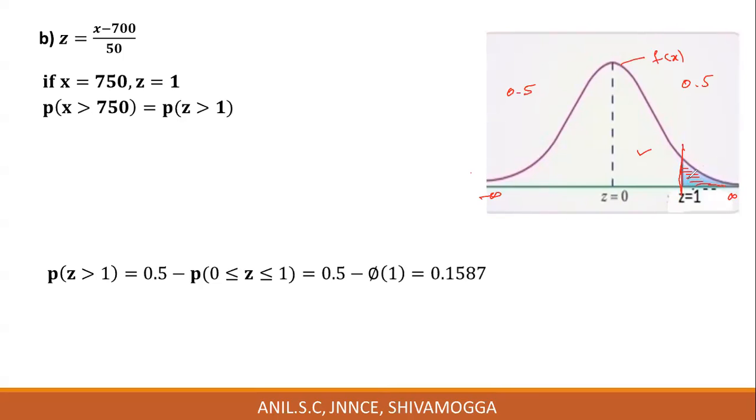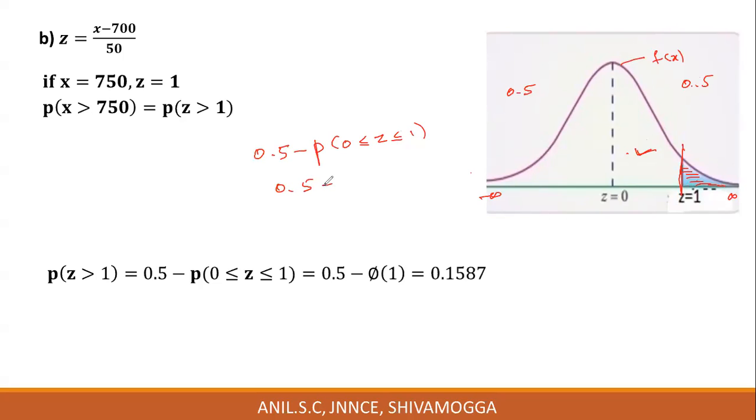How do you find this shaded area? This entire area on the right side is 0.5, and from this area, if you eliminate this unshaded area, you get this shaded area. This unshaded area is from 0 to 1, 0 less than or equal to Z less than or equal to 1.